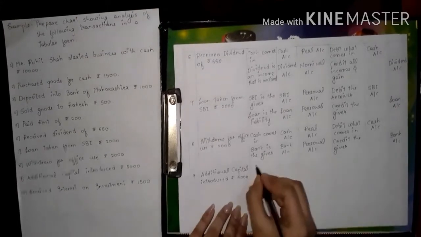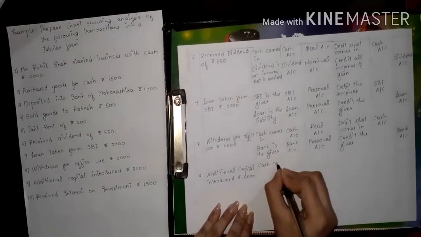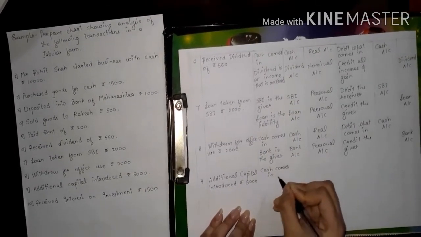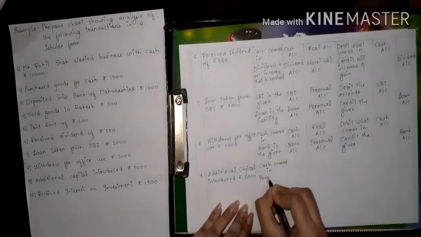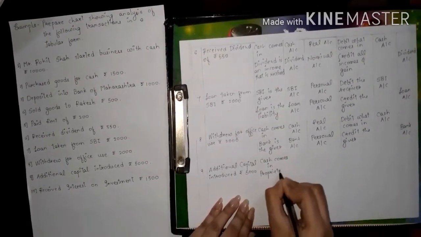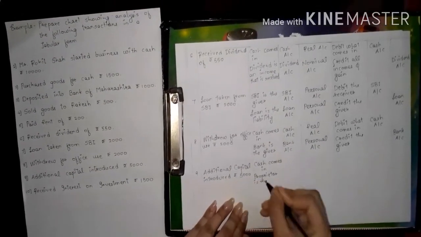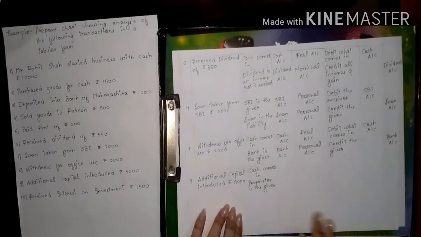Cash comes in, additional capital is being invested by the proprietor, so cash comes in. And who is the giver? Proprietor is the giver. It can be anybody, but no name is written over here, so we will consider proprietor is the giver.